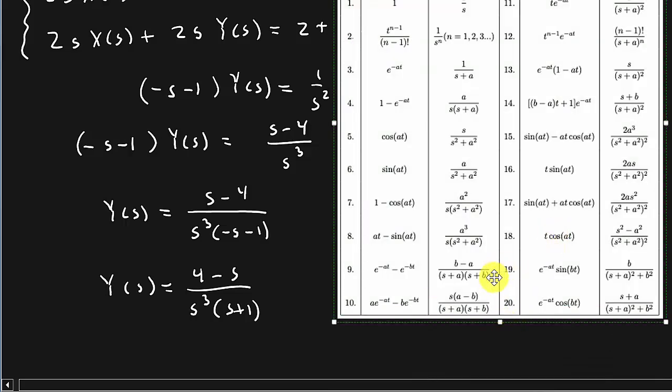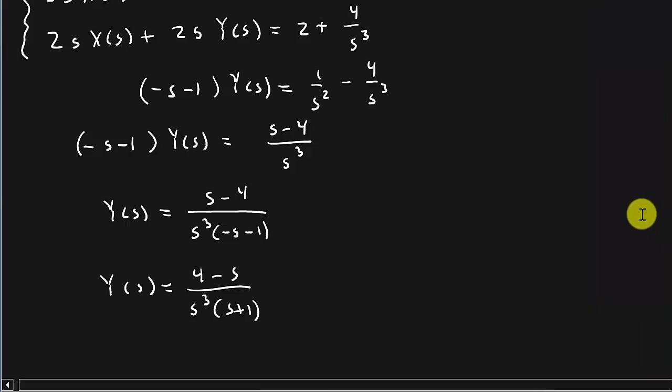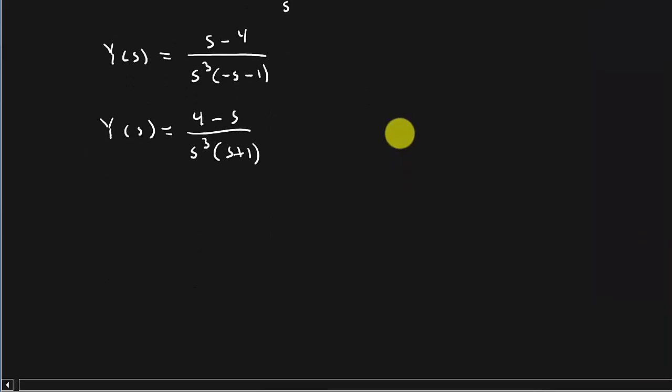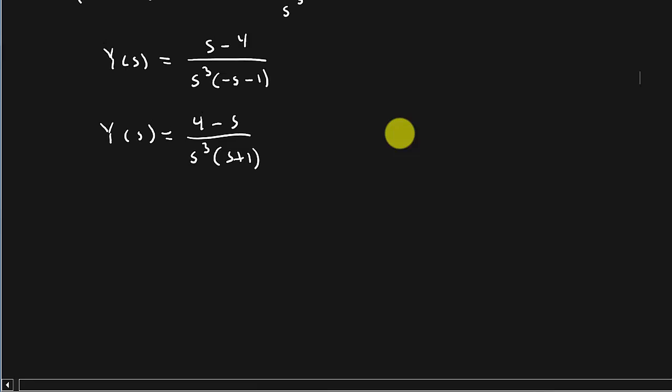Remember, to do the inverse Laplace, you want the right hand side to match so you can get the left hand side, and there's nothing that's going to match it. So what do we get to do here? Well, we get to do the fun stuff, don't we?